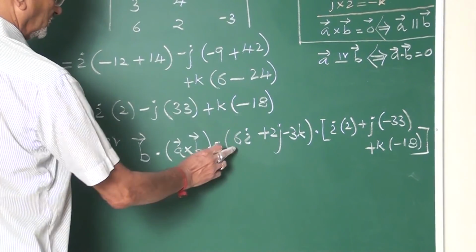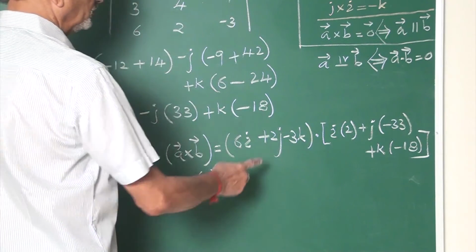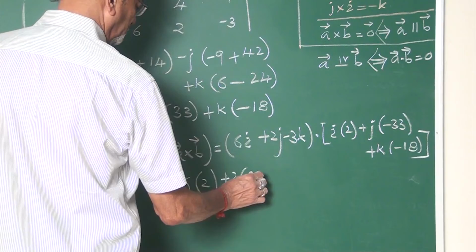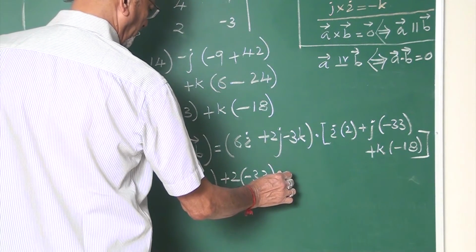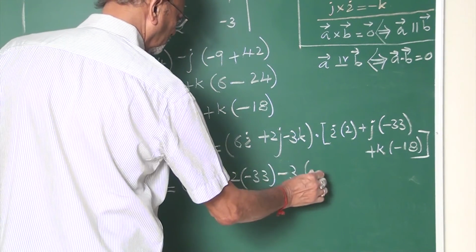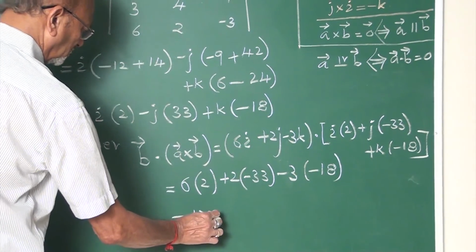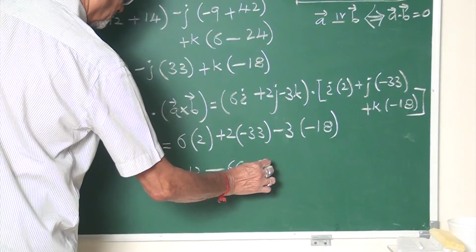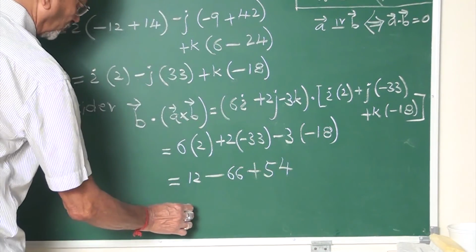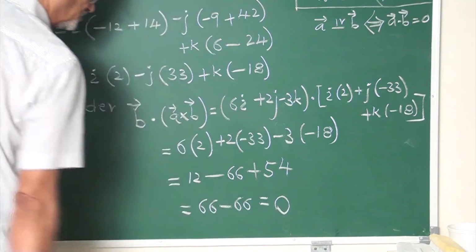This is equal to 6 into 2, plus 2 into minus 33, plus minus 3 into minus 18. 12 minus 66 plus 54. 66 minus 66, we get, my friends, 0.